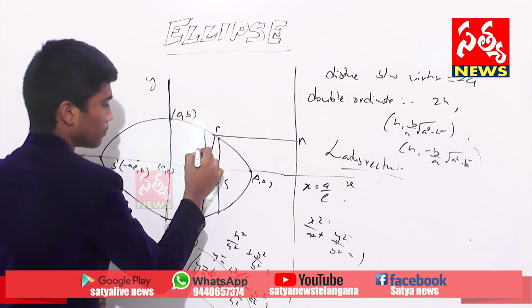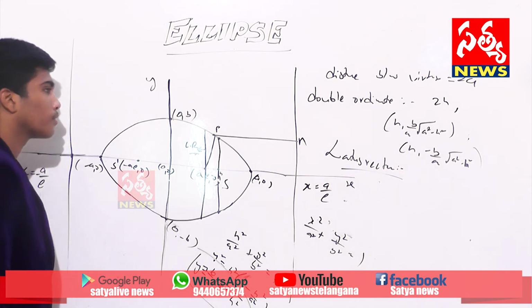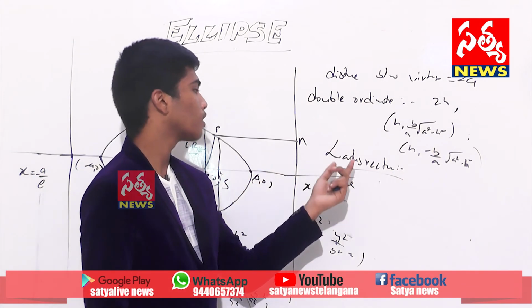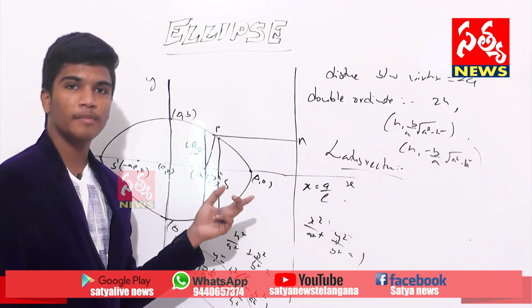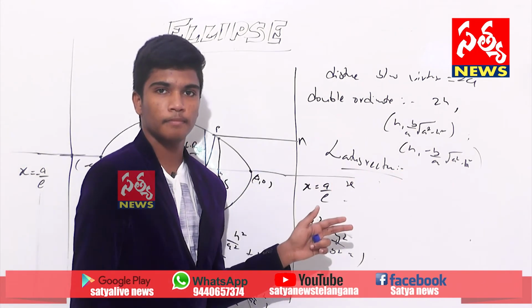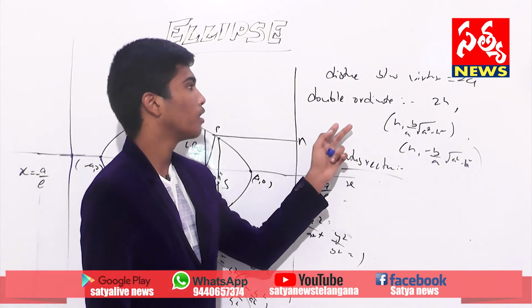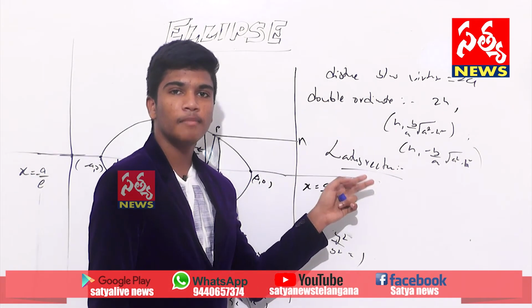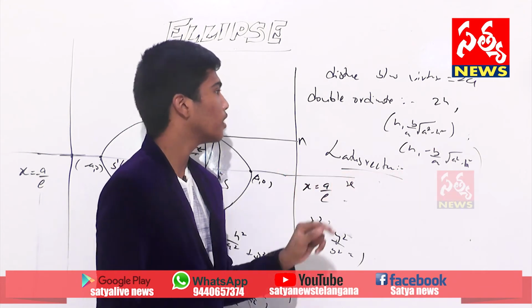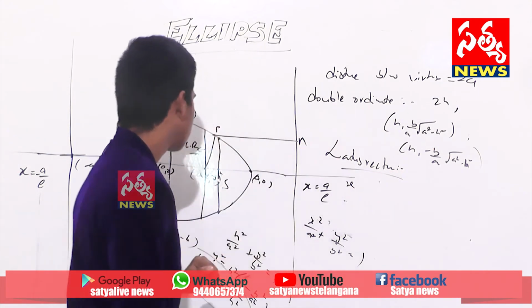This is the latus rectum, LR. Point to be noted that every latus rectum is a double ordinate, but every double ordinate is not a latus rectum.